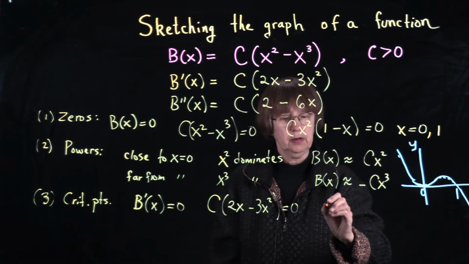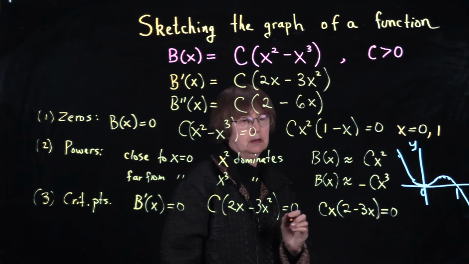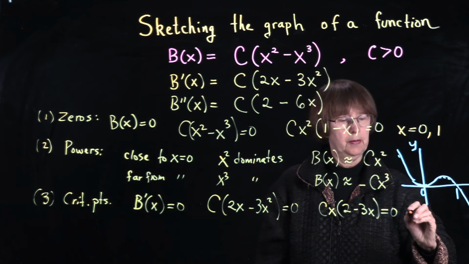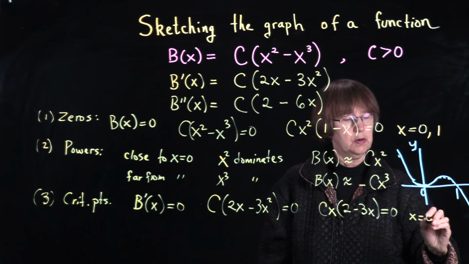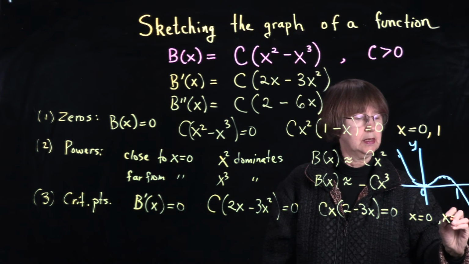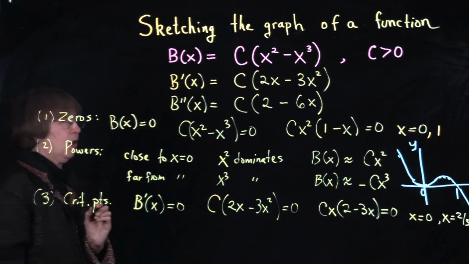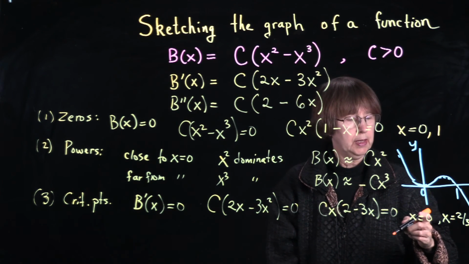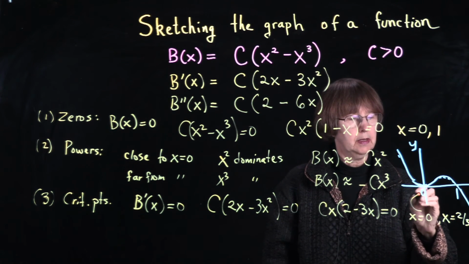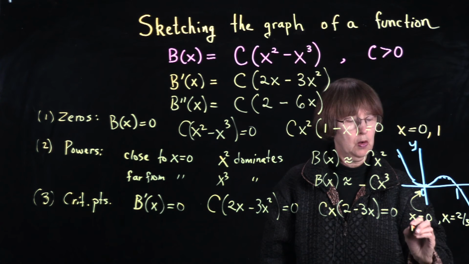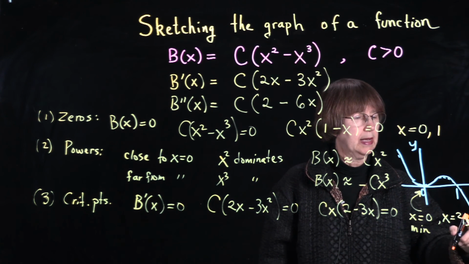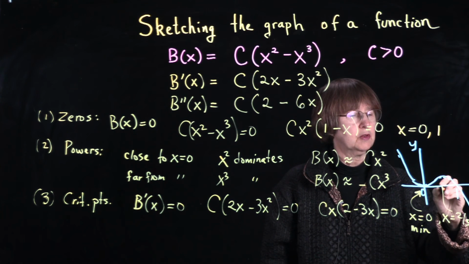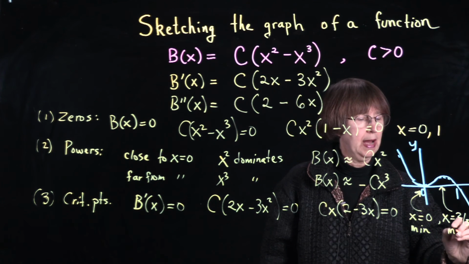Again, we factor, and we see that the solutions are either x equals 0 or x equals 2/3. Already from our graph, we can tell that x equals 0 is going to be a local minimum, and x equals 2/3, which is somewhere here, will be a local maximum.